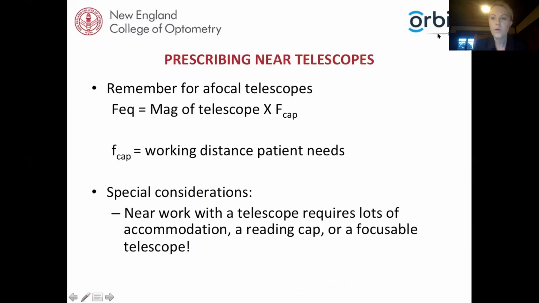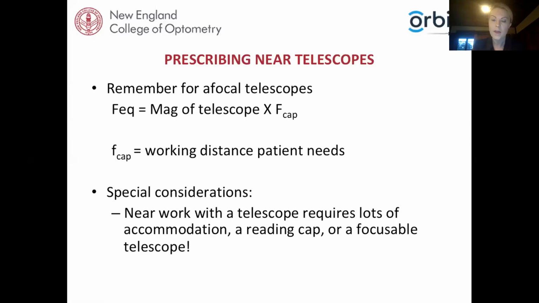And so when we're prescribing a near telescope, we have to have a cap power on the objective lens. Because for a near system, infinity and parallel light is not entering the telescope anymore; divergent rays are now entering the telescope. So we need an additional cap over the objective to converge those rays.